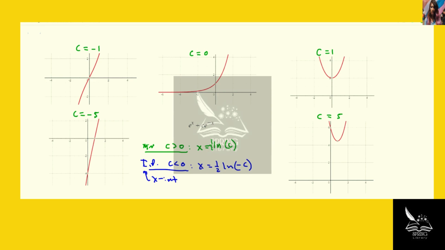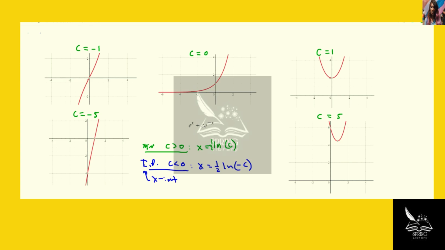So at c equal to 0, we just get the function e to the x. And then when we go towards the positive values, for c equal to 1, natural log of 1 is 0, so our minimum would be at x equal to 0.